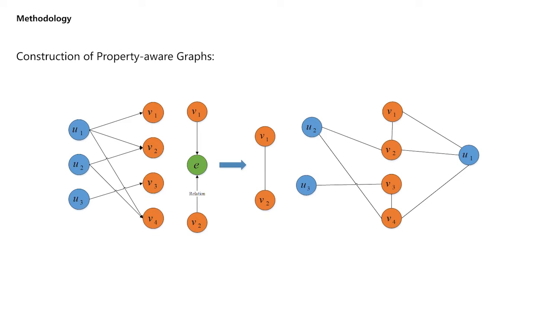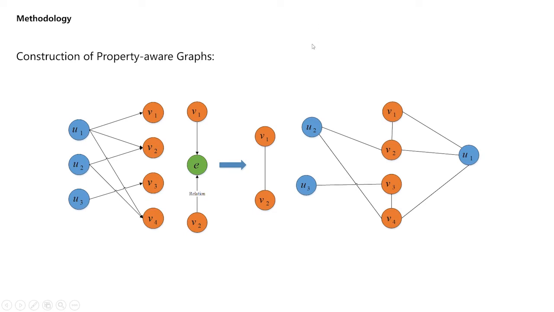See the mid part. For instance, two nodes representing movies will be connected if they have the same director. By linking up all items with the common ground in the knowledge graph, a brand new kind of graph named property-aware graph is generated. In addition, the original directed graph is converted to an undirected form for simplicity.